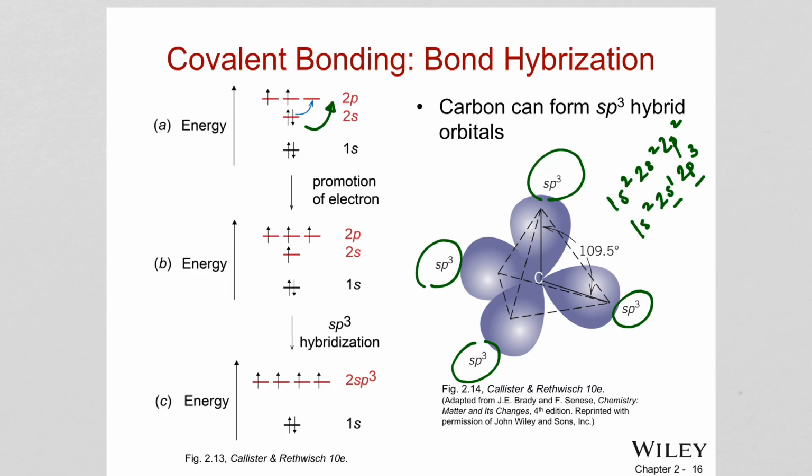Okay, in total, because we have 4 and each of them will have 1, you have 4 sp3 orbitals. This is going to result in directional bonding. The first thing is you can see there is a certain angle in between the orbitals.